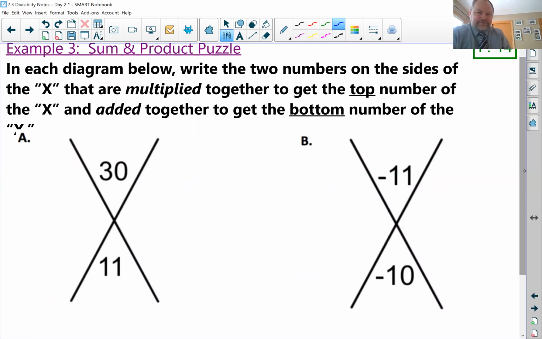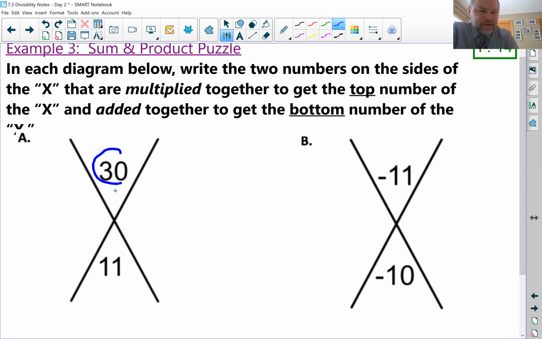So that leads us to this sum and product puzzle, which is going to lead us into what we're going to do next week. So what we're going to do is look for two numbers that multiply together to get the top number.